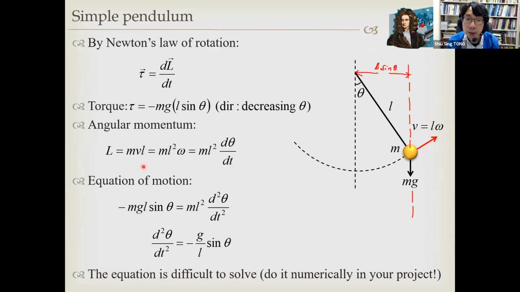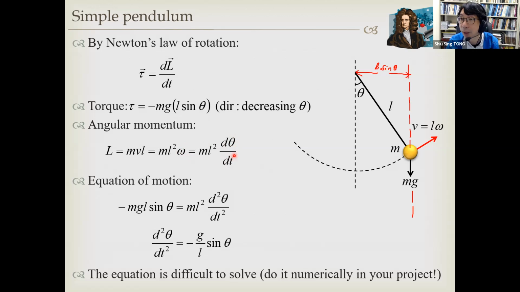So the angular momentum is mvL, but v is L omega, so that becomes mL squared omega. Omega is the angular speed, the rate of change of angular position, so it's equal to d theta dt.